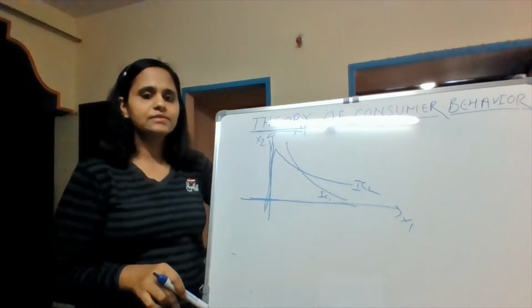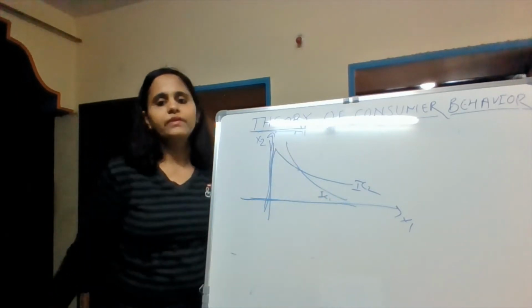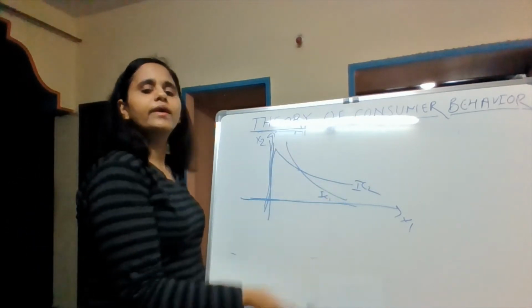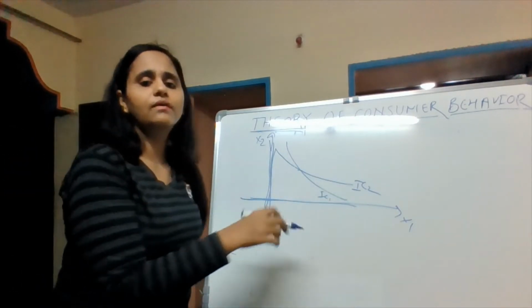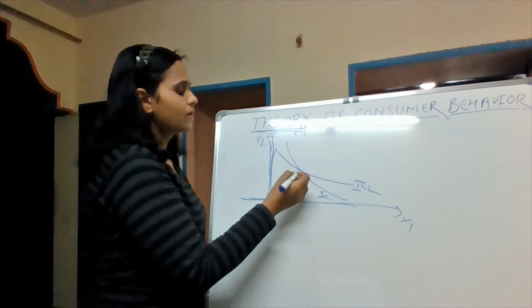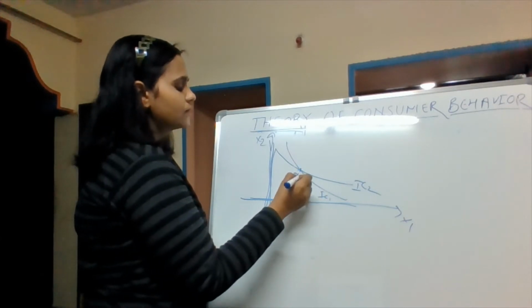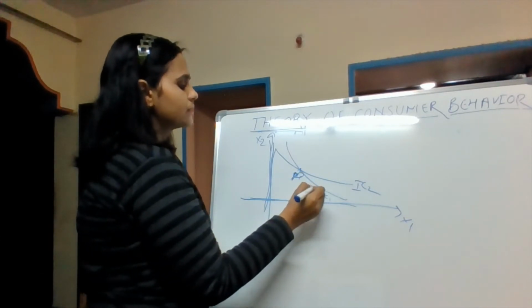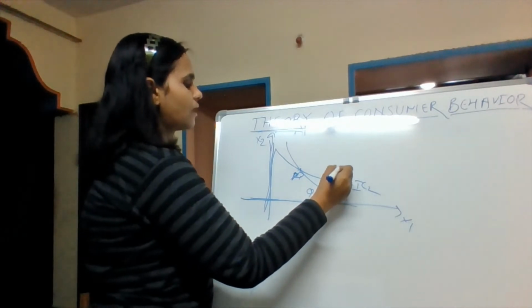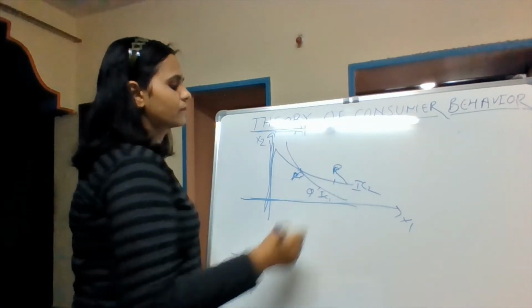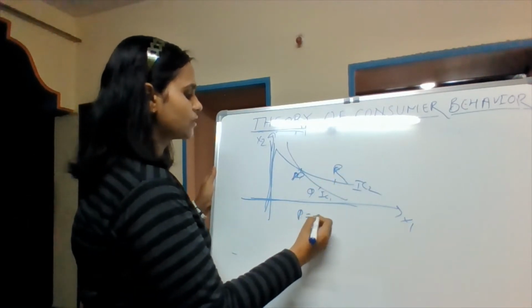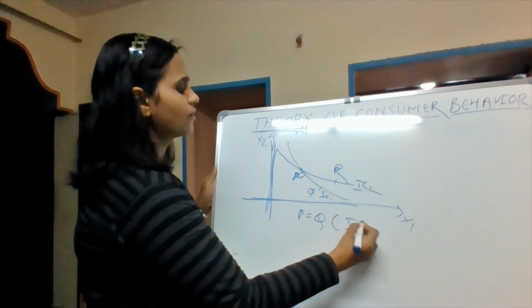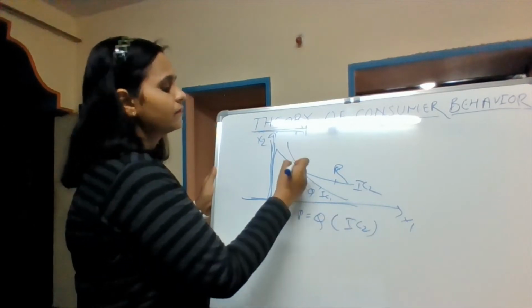On the same indifference curve the utility is the same, but on different indifference curves your utilities are different. Now consider this is point P, this is point Q and this is point R. According to that, P equals R because both are on IC2, so same utility.